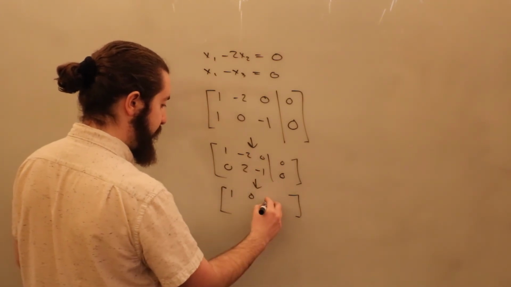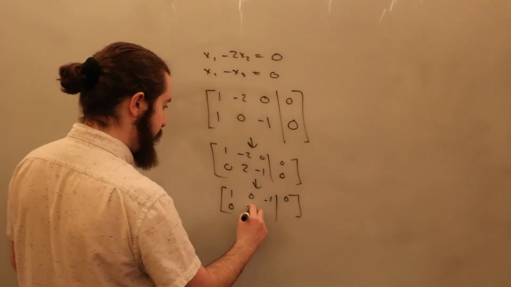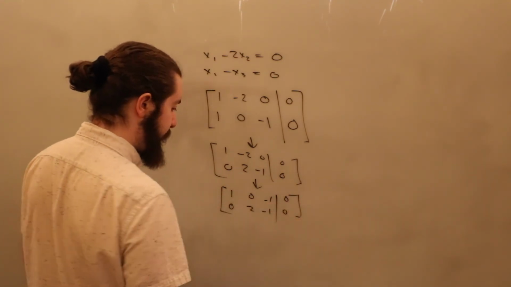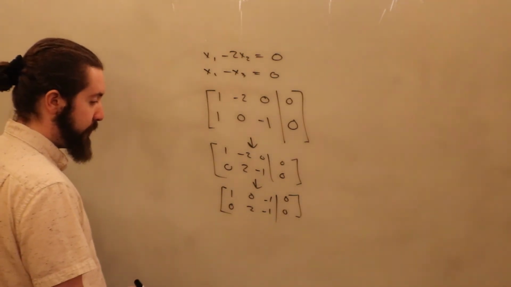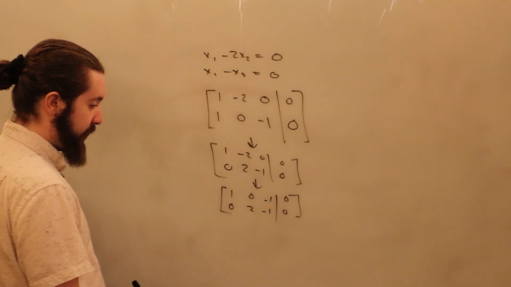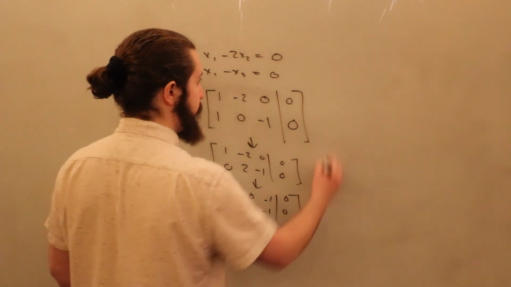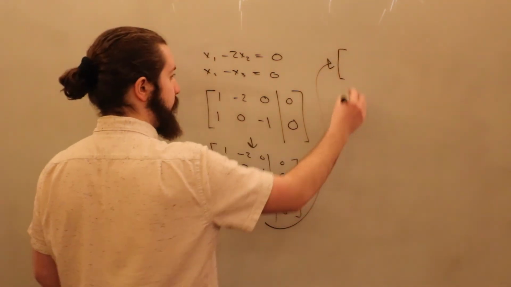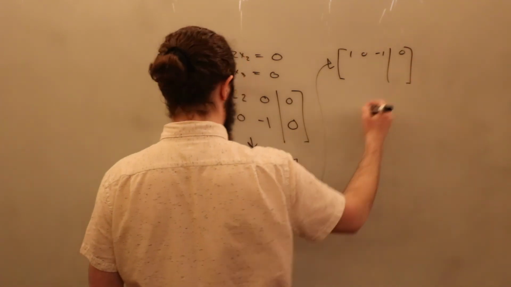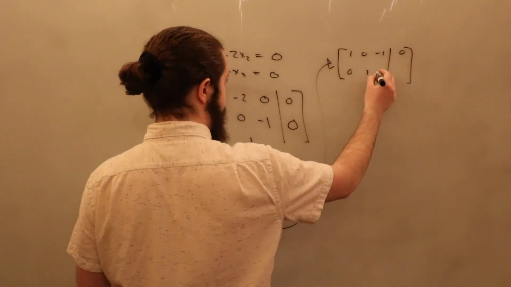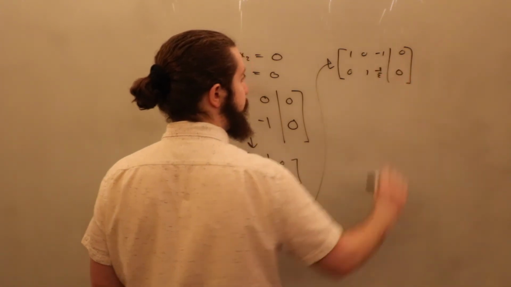Negative 1 plus 0 is negative 1, 0. 0, 2, negative 1, 0. And then the last step to put it into reduced row echelon form is going to be to divide by 2. So we'll have 1, 0, negative 1, 0, and then 0, 1, negative 1/2, and 0.